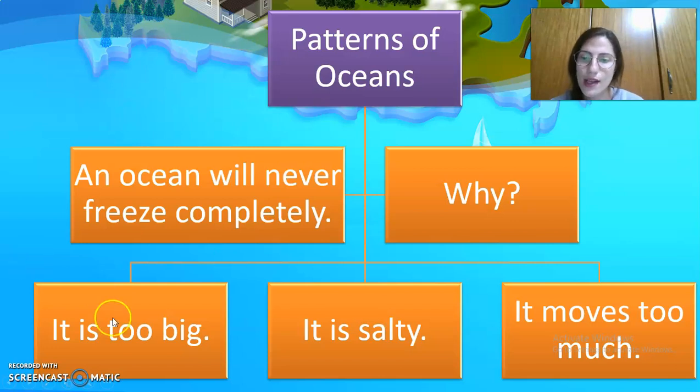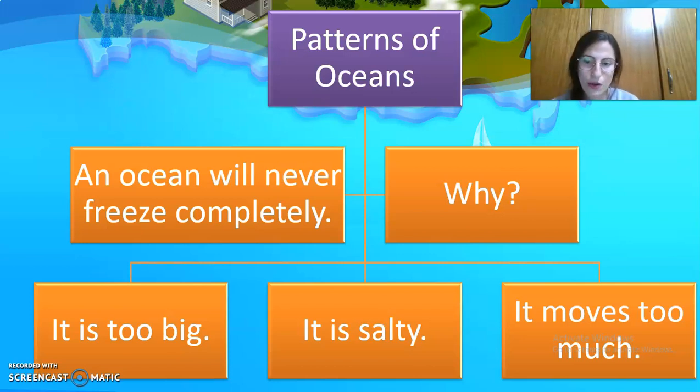Why? Because it is too big, and it is salty, and it moves too much. So it's because of three main reasons. First of all, because it is too big. Then it is salty, and the salt stops the water from freezing completely. And because it moves too much, the water does not freeze completely.